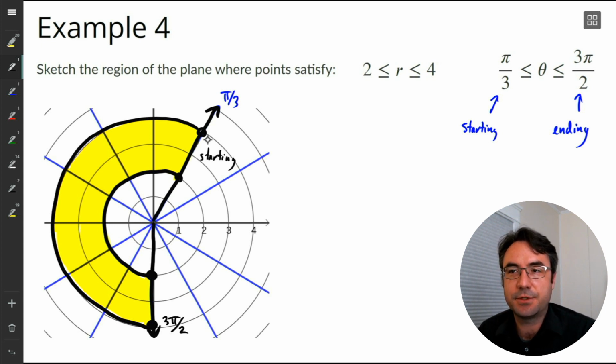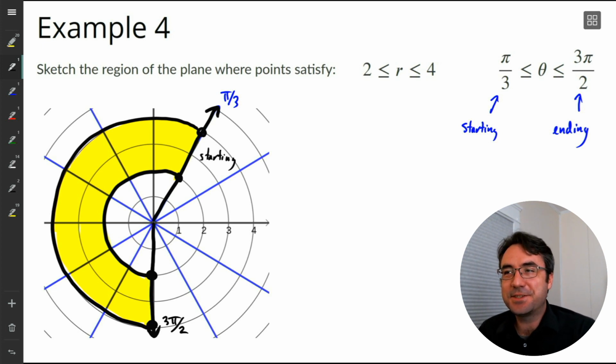So we start with r equals 2, r equals 4, and that gives you a section of this ray, and then you rotate it around and see what shape is traced out. When we rotate this little line segment around the origin and stop at 3 pi over 2, we're getting this piece of a donut here.